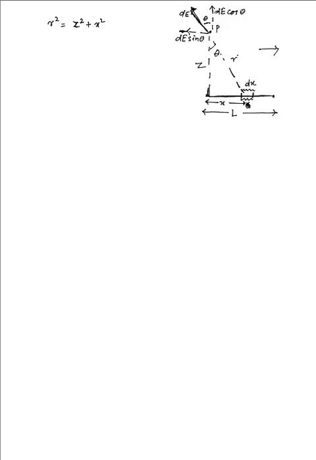So this dE vector will be equal to minus dE sin theta i cap, because i cap is the unit vector along the x direction, and the negative sign suggests that it is acting in the opposite sense, plus the vector dE cos theta k cap, k cap being the unit vector along the z direction.